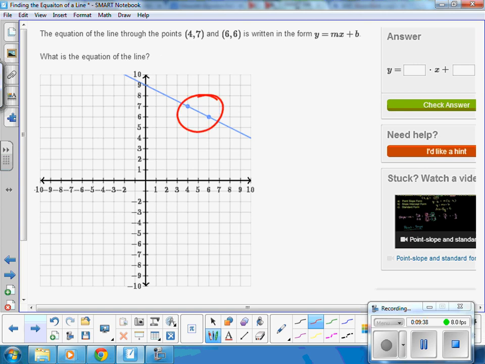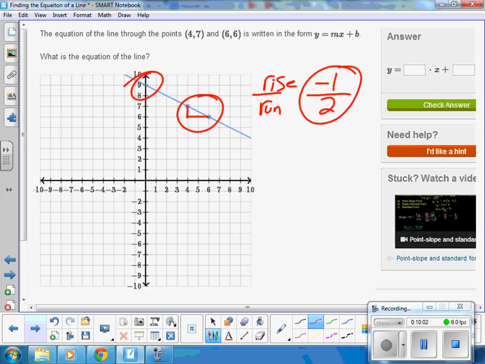My slope, right there, it is down 1 to the right 2. Remember, it's rise over run. Okay? But my rise is down, so that's negative. And I went down 1, so that's a negative 1. Over my run, I went 2. So my slope is a negative 1/2.